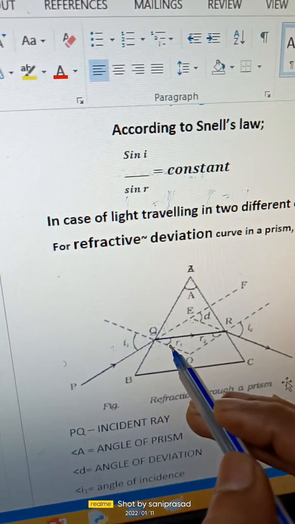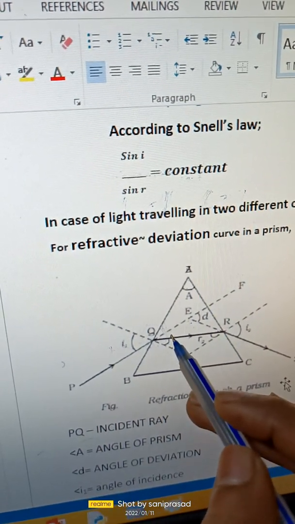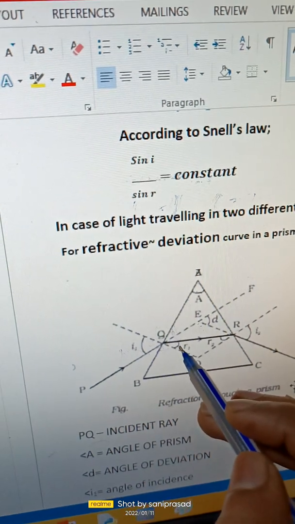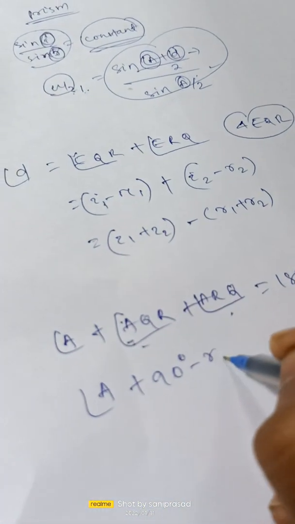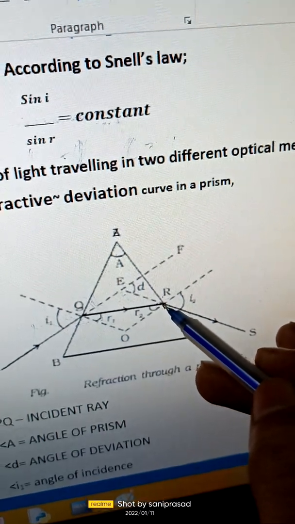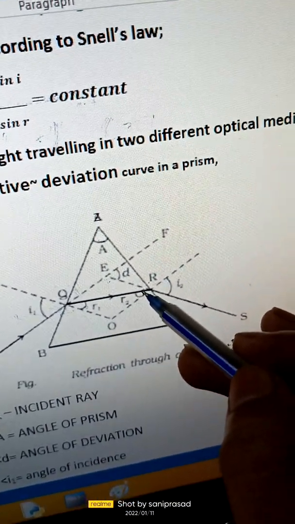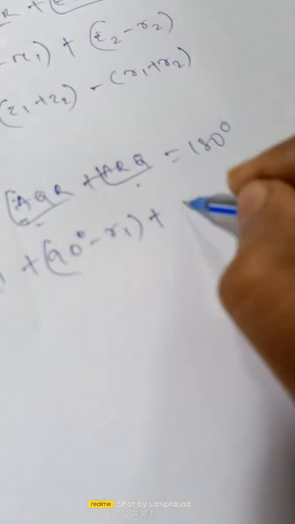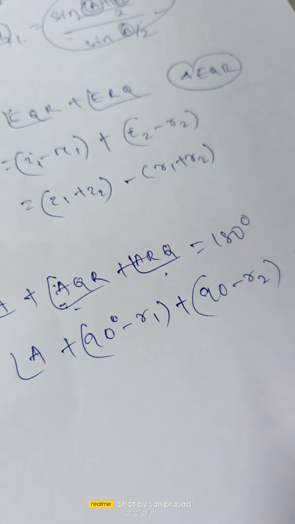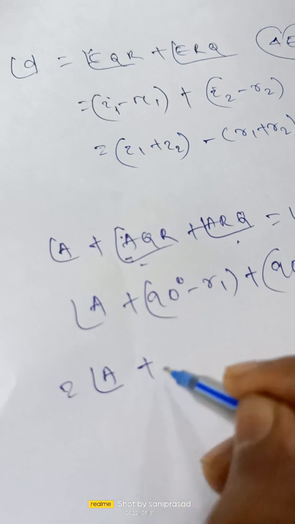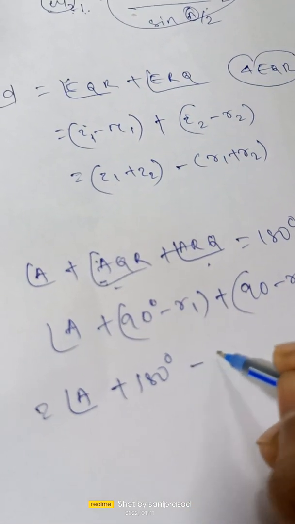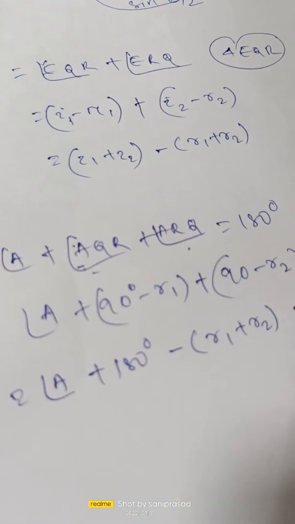If this is 90 degrees, then how much is this angle? 90 minus r1, since the total is 90 degrees. You can write here 90 degrees minus r1 plus ARQ. You can put the value of ARQ as 90 minus r2. So A plus 180 minus (r1 plus r2) is equal to 180.